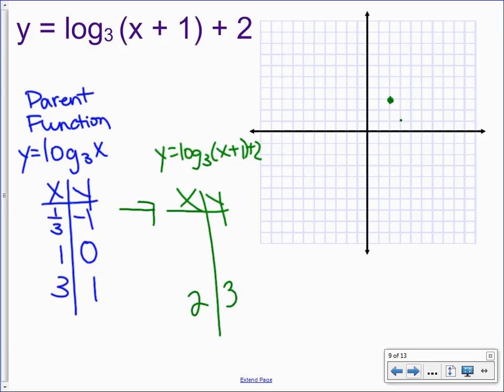If we take our coordinate 1, 0 and we move left 1 and up 2, we're at the coordinate 0, 2. And if we take 3, 1 and we move left 1 and up 2, we're at the coordinate 2, 3.